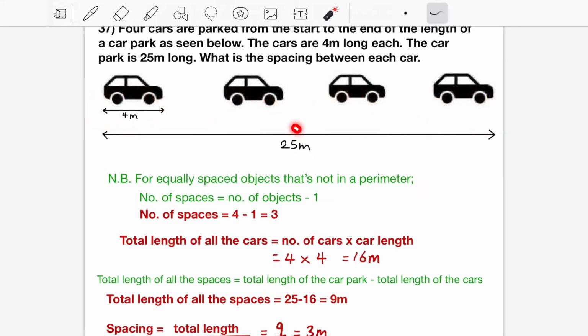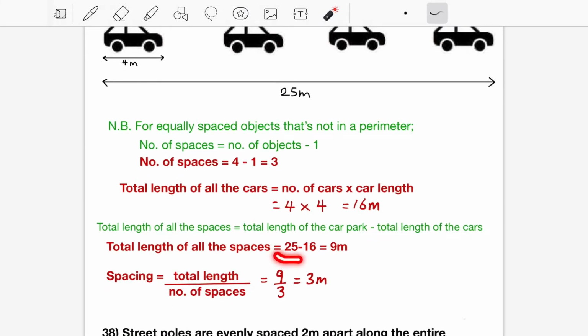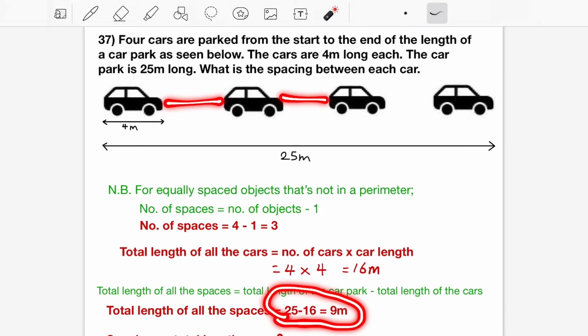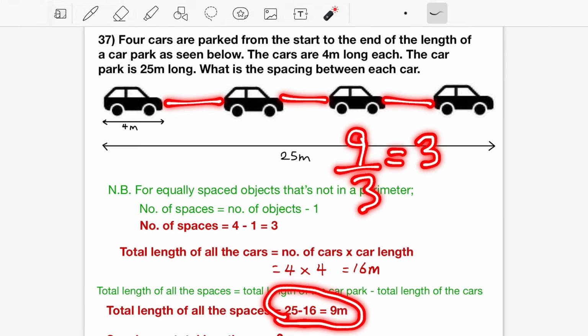So you want to take away 16 from 25 to find this remaining total space here. 25 minus 16 is 9. And then we divide this here, which is 9. We divide it into 3 parts because we have 3 spaces. And that will give us the distance or the length of each space, which is 3 meters.